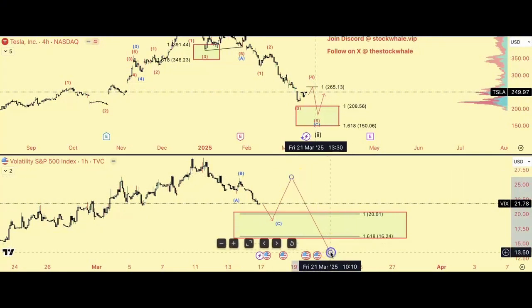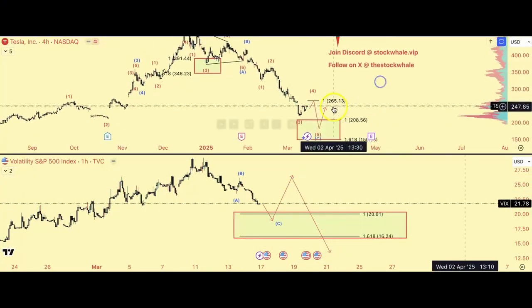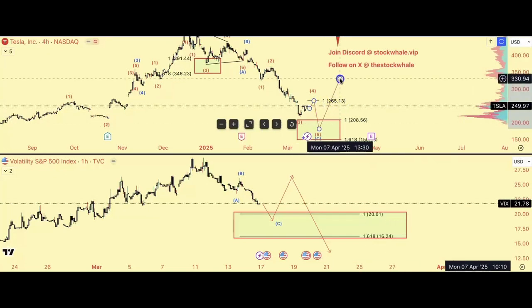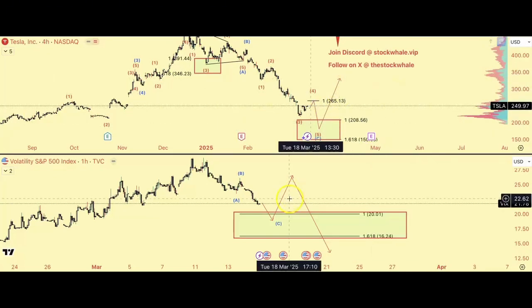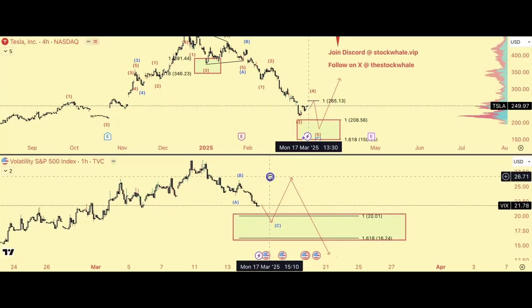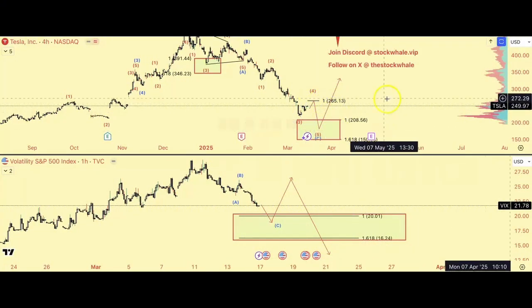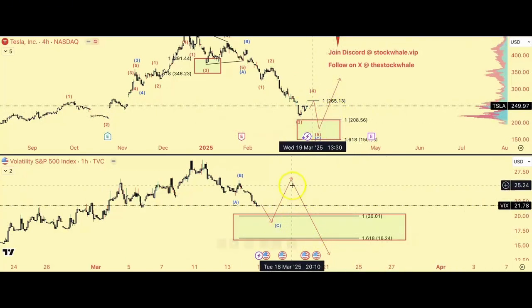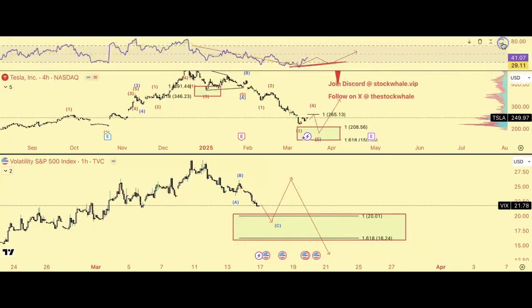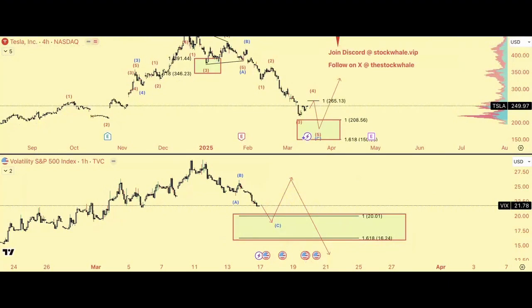All right, so that means that finally Tesla can bottom out and push higher for the future. So that is what I'm looking at, guys, on the VIX here. We're getting equal lengths on the VIX, which means that we're possibly getting equal lengths on Tesla at 266, and then ultimately we got one more flush down before we make a new high. Okay, so that's what I would love to see.